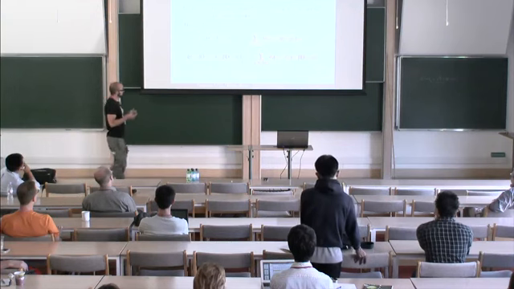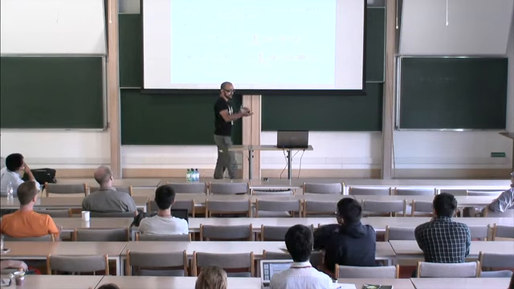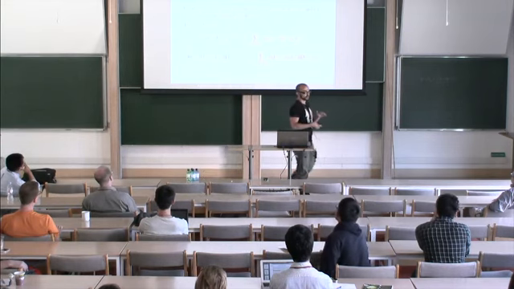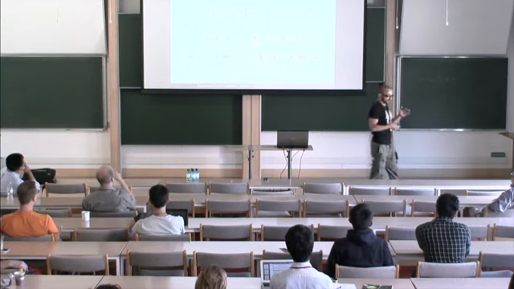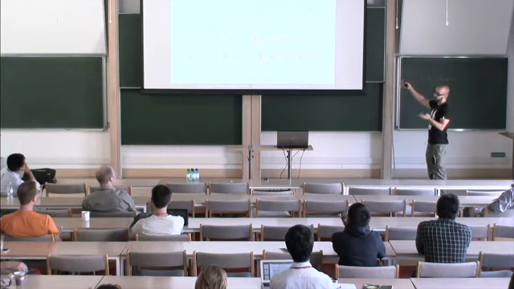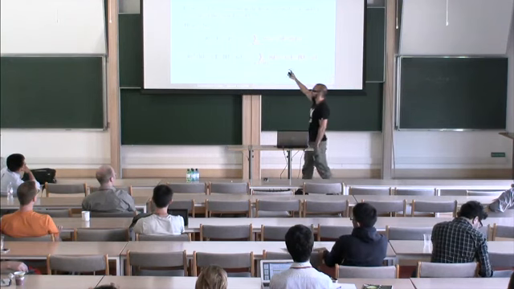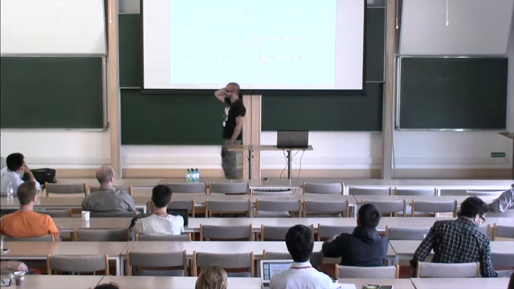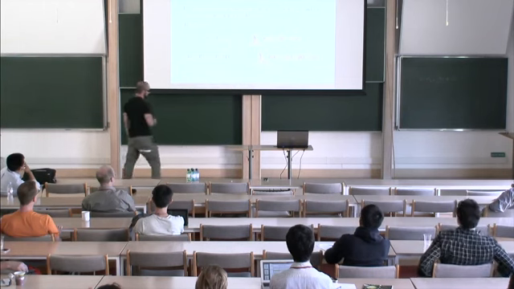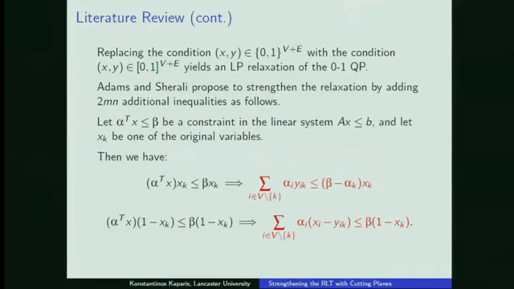So, assuming that we have a linear system, we multiply every constraint of our original system with one variable or the complement of one variable. We can obtain in this way 2mn constraints. Of course, this makes use of the classic result that in the binary case, x squared is equal to x.